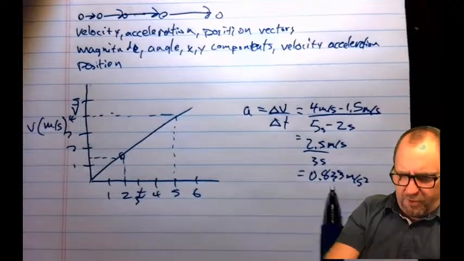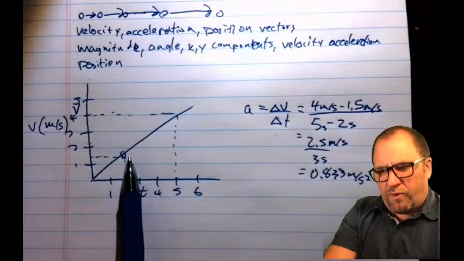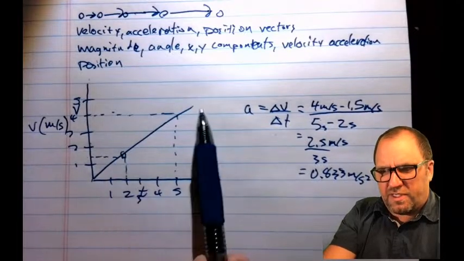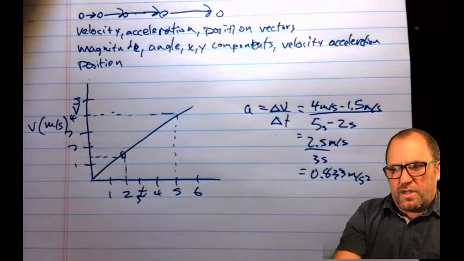So we pretty much did this. This is a good problem. You should be able to do this for velocity too. So if I gave you position as a function of time, find the velocity. Very similar.